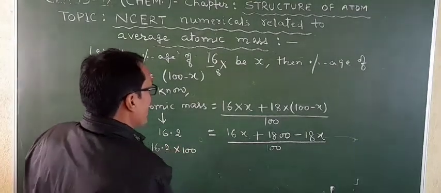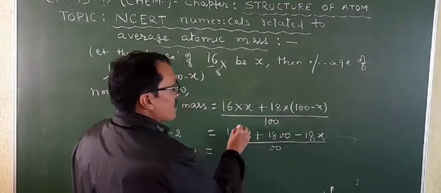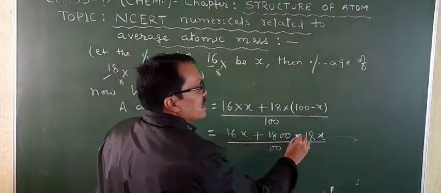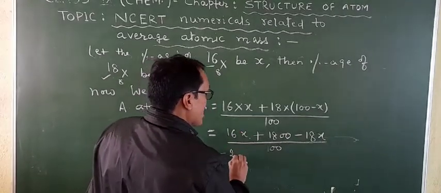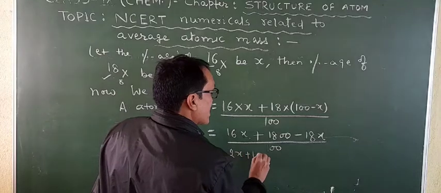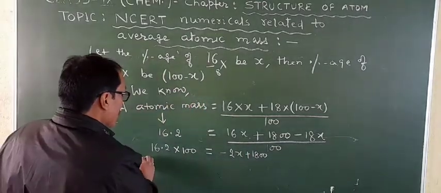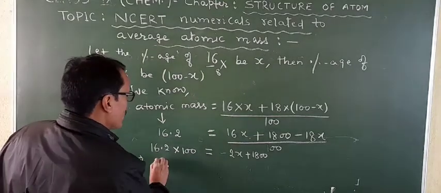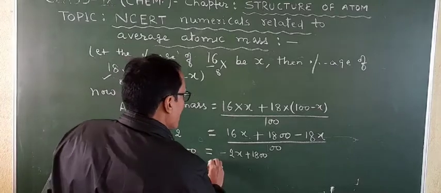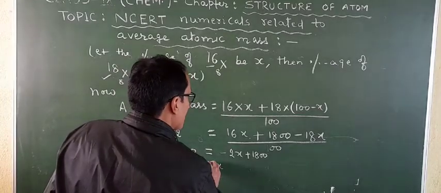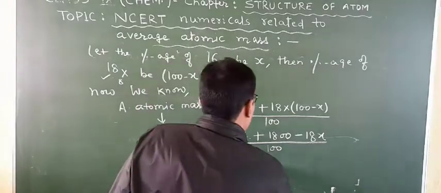So 16.2 multiplied by 100 equal to, now this is plus 16x, this is minus 18x, so this will be minus 2x plus 1800. Now if you multiply this, you will get 1620 equal to minus 2x plus 1800.